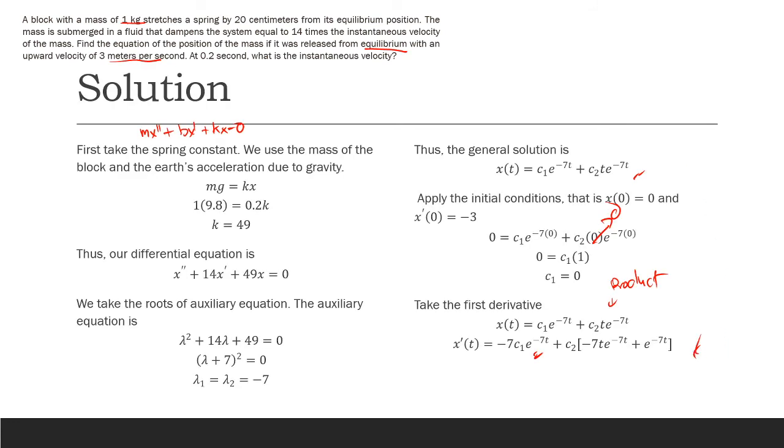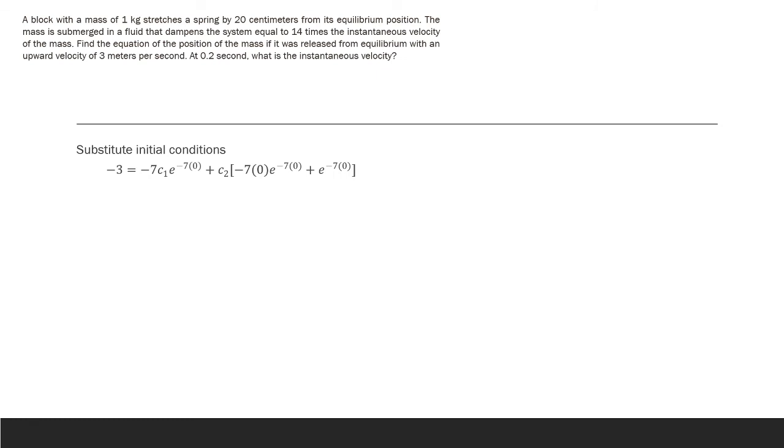Now, we substitute the initial condition: at t is equal to 0, the velocity is negative 3. So, negative 3 is equal to negative 7 c1 e raised to negative 7 times 0, which is 0, plus c2 times negative 7 times 0 times e raised to negative 7 times 0 plus e raised to negative 7 times 0.